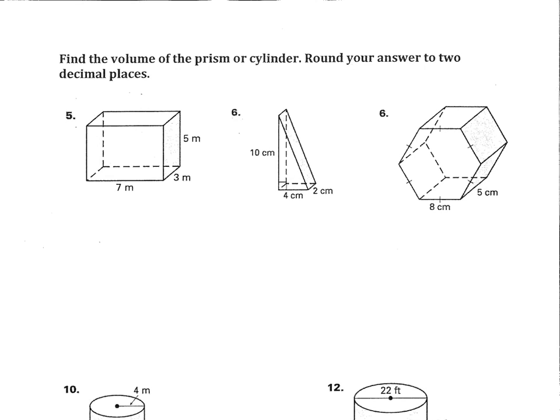So first thing I'm going to do is write down the formula. I'm going to use this as its base. So B is going to equal 7 times 3.